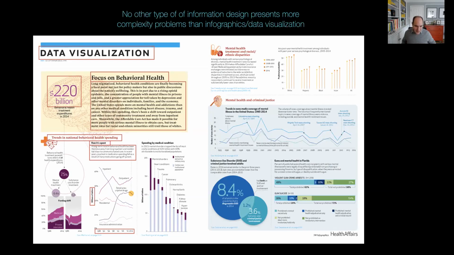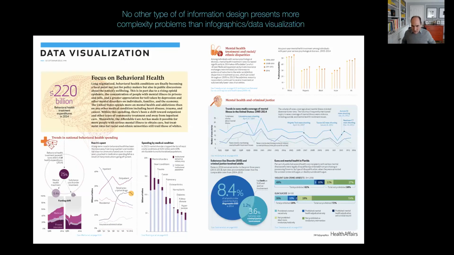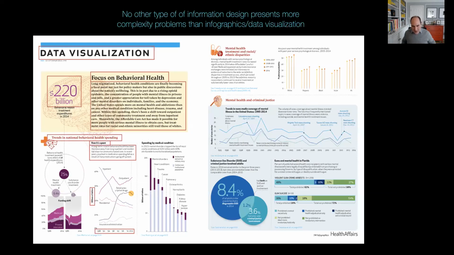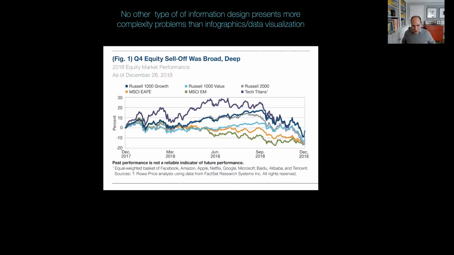You have the scale or the axis name. You have the axis numbers. You have labels. So at the end, you have 15, 20 different levels of hierarchy. And that's why it's so important that we have a very carefully done style guide to tell us how to do these different levels of hierarchy.